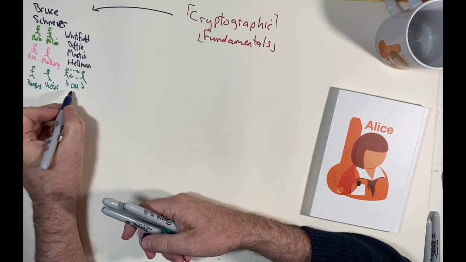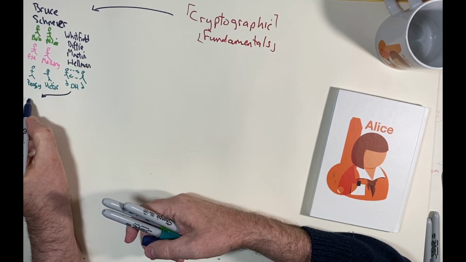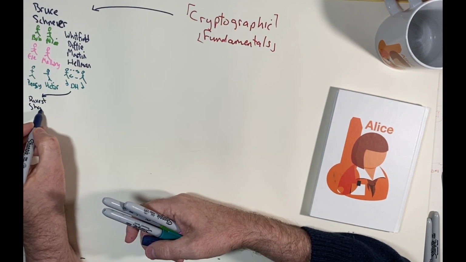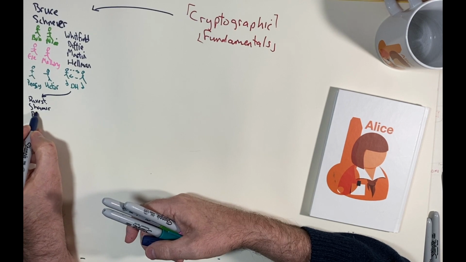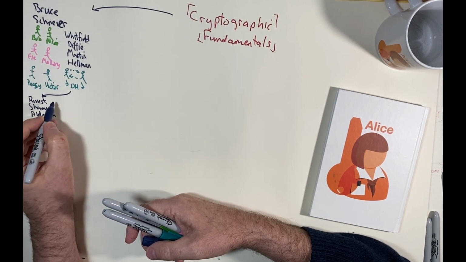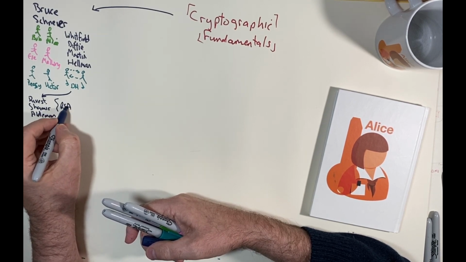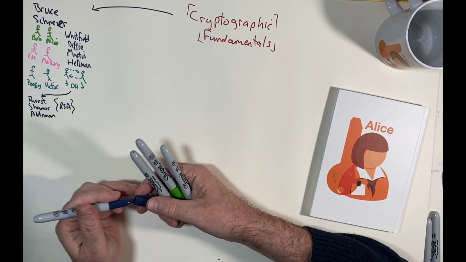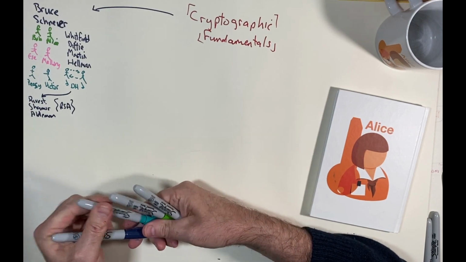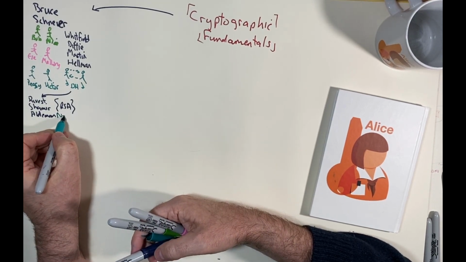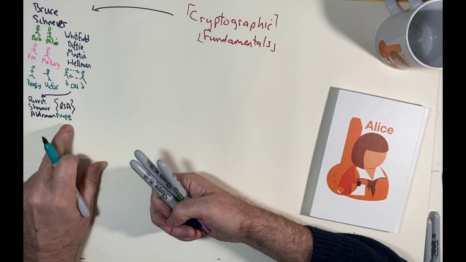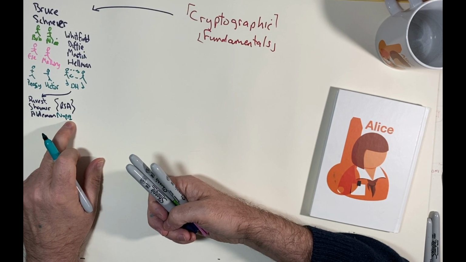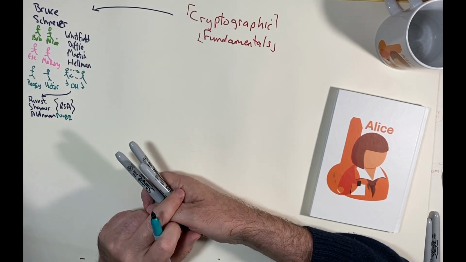Based on this, the researchers Rivest, Shamir, and Adleman came up with the first public key method called the RSA method, and it's still in use today. And basically it uses two prime numbers to create a modulus, and the difficulty is to be able to factorize these prime numbers from a modulus.